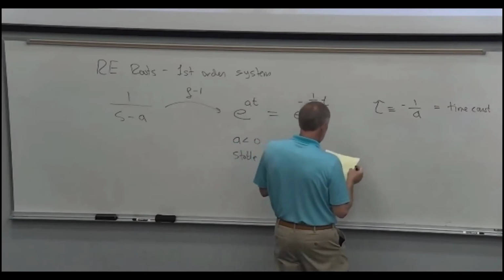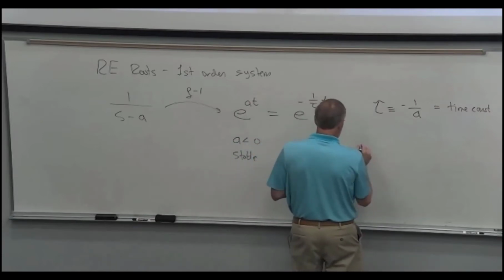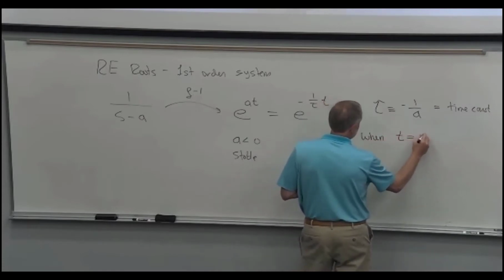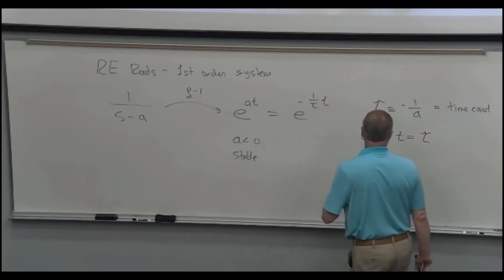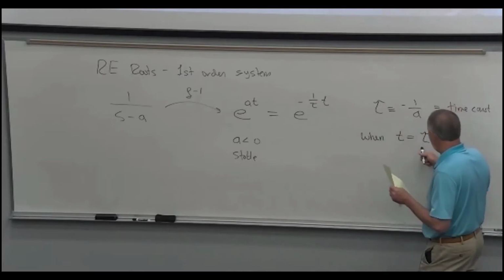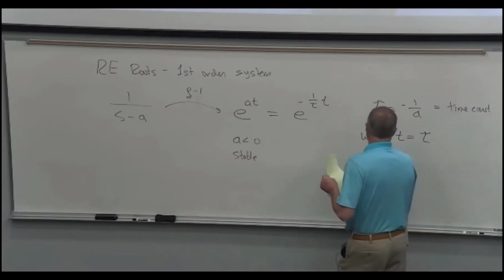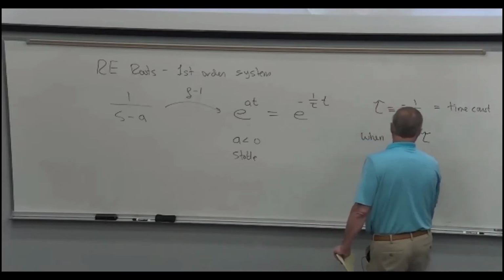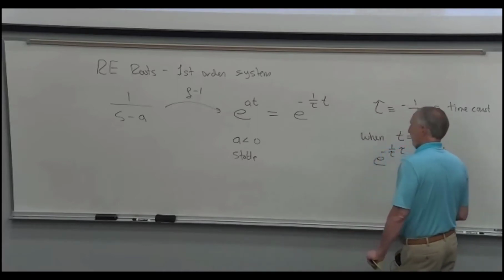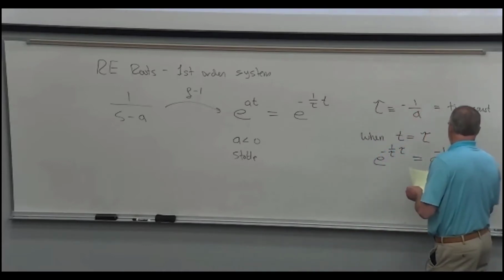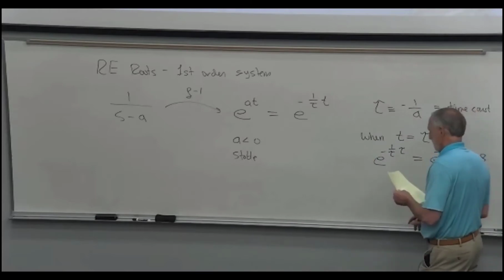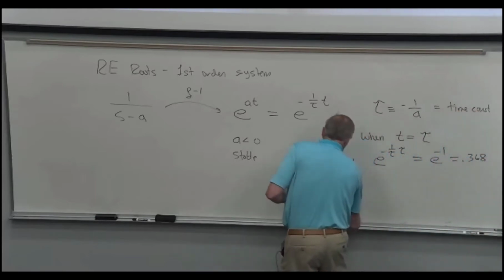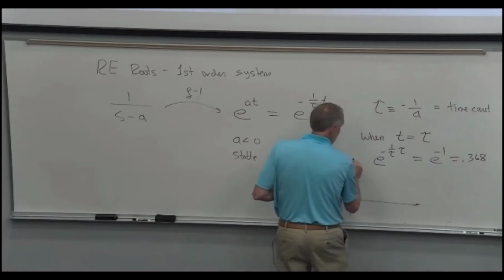But the reason that people talk about this is when time is exactly equal to that time constant, then if we plug in for t, we get e to the minus 1 over tau times t, and at that value, we get e to the minus 1, which is 0.368. And really that's saying, well, that's the time to damp to that value.